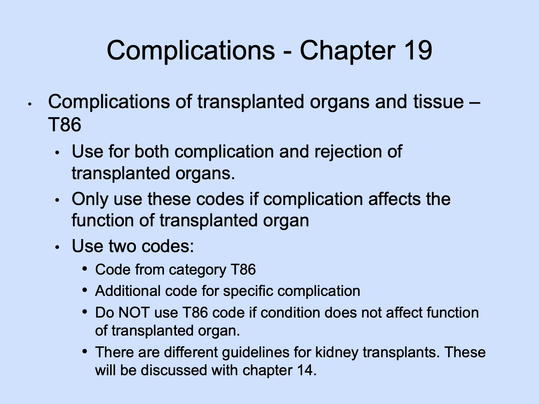Use two codes, a code from T86 and then another code for specific complications. So again, T86 is first and then another code for the specific complication. Do not use T86 if it doesn't affect the function of transplanted organs. And remember, there are different guidelines for kidney transplants. And we're going to talk about these when we talk about chapter 14, genitourinary conditions.